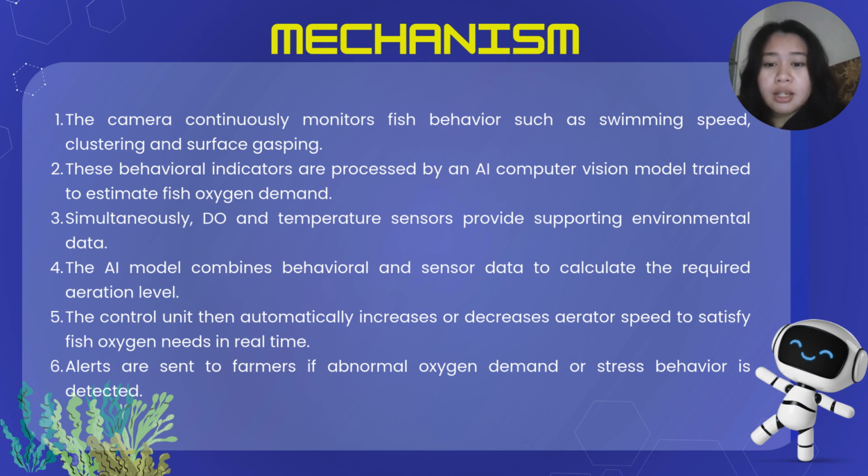After that, the AI model will combine all this behavioral and sensor data to calculate the required aeration level. The control unit then automatically either increases or decreases the aerator speed to satisfy fish oxygen needs in real time. And lastly, alerts will be sent to the farmer if abnormal oxygen demand or stress behavior is detected.